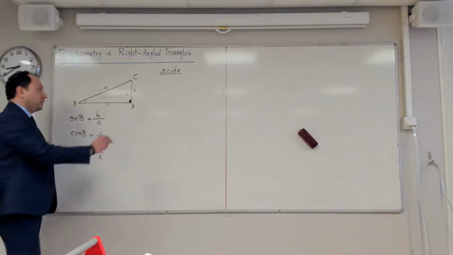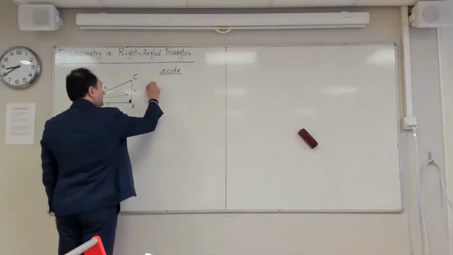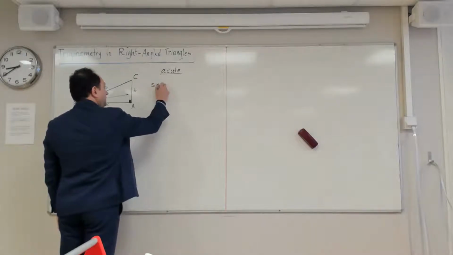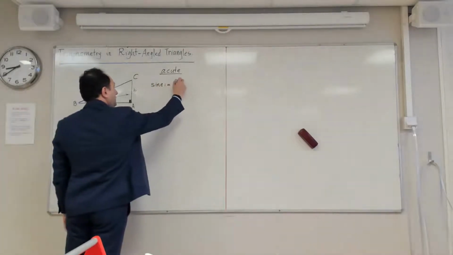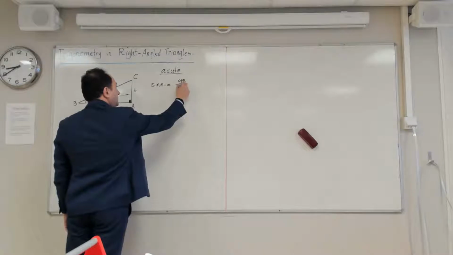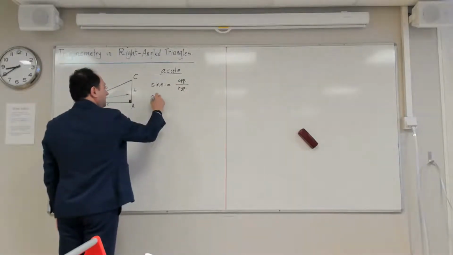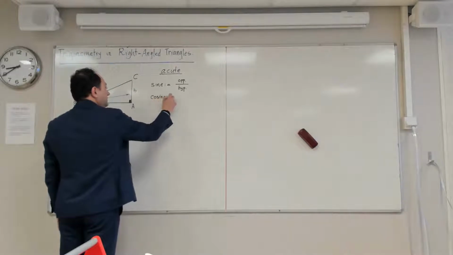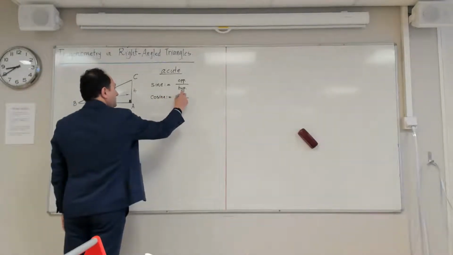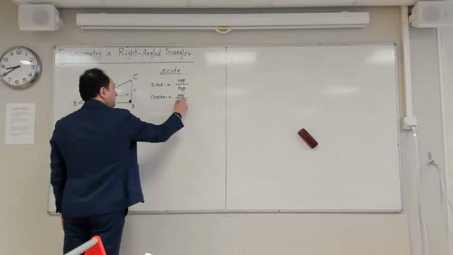So in principle, I would write: sine is defined to be opposite divided by hypotenuse. And cosine is defined to be adjacent divided by hypotenuse.